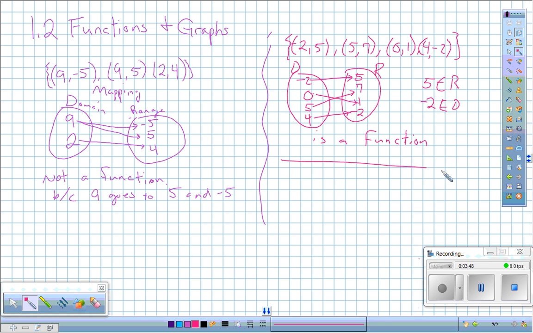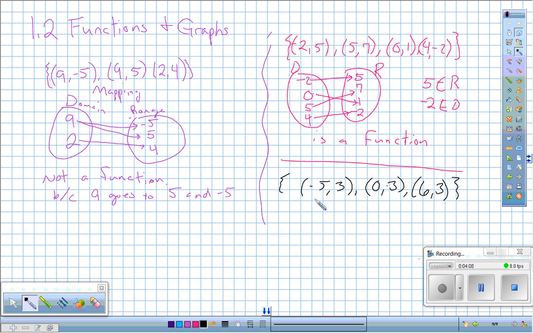The next example, if I have the set of numbers that include (-5, 3), (0, 3), and (6, 3). End of set.